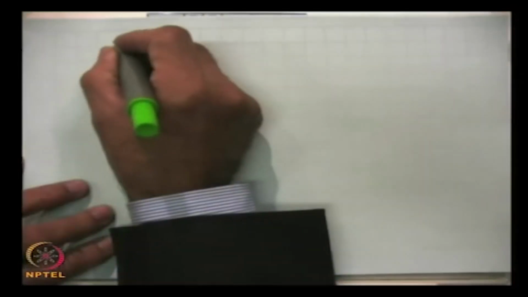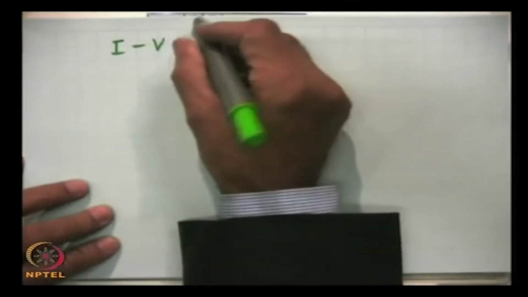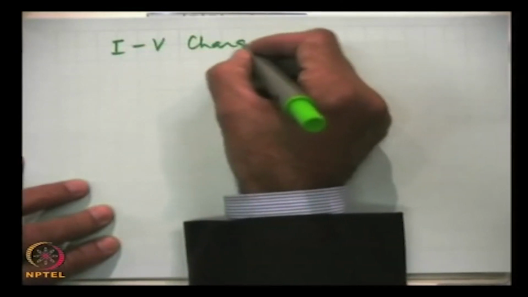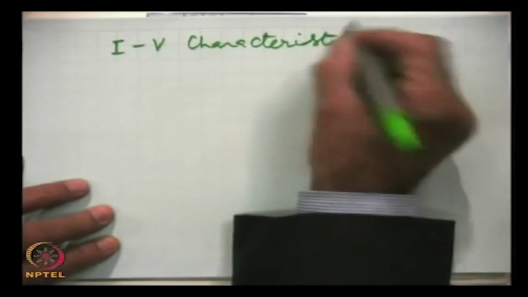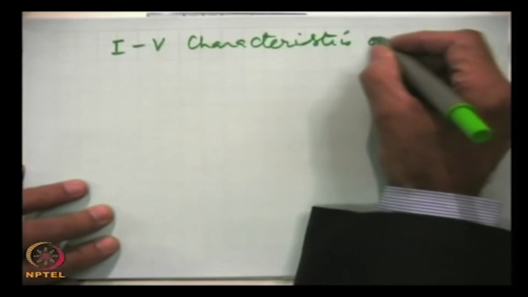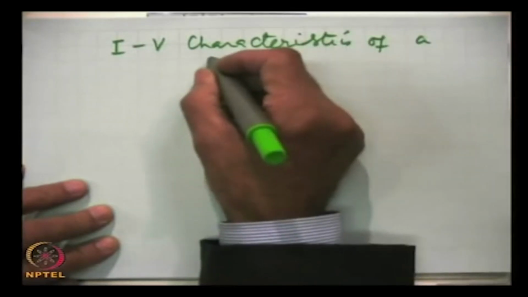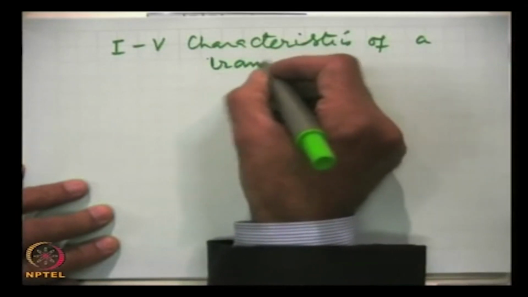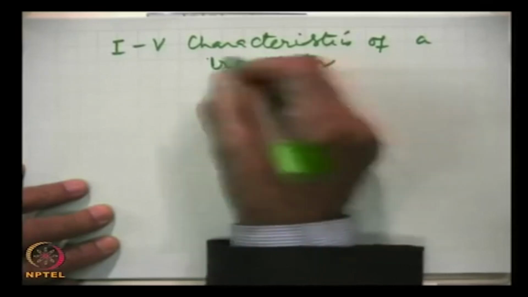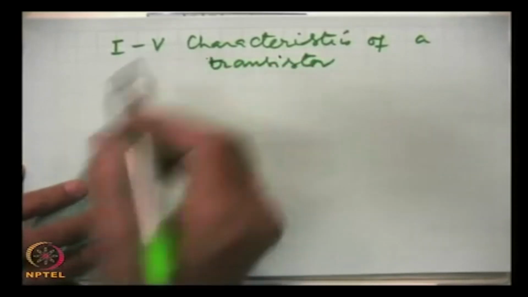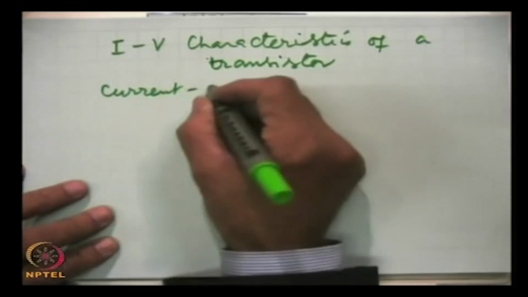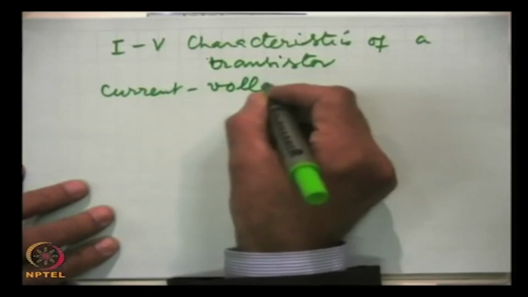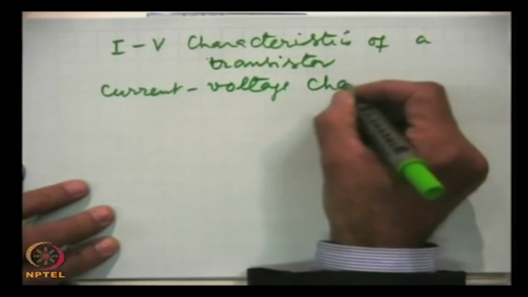So, IV characteristics, current voltage characteristics of a transistor.